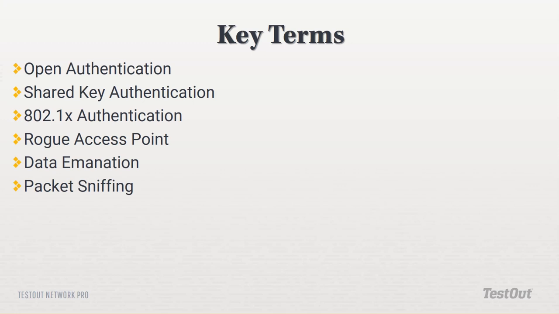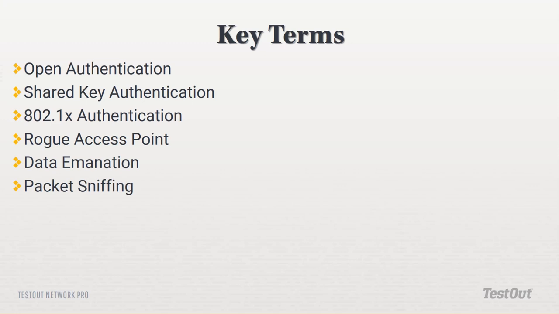Then we have packet sniffing, which is basically the same thing as eavesdropping, and that's the interception and decoding of wireless transmissions, which is why it's so important that you decrypt and encrypt all the important information. The decrypting is done by your end, and the encrypting is done before it goes out on the wire itself.